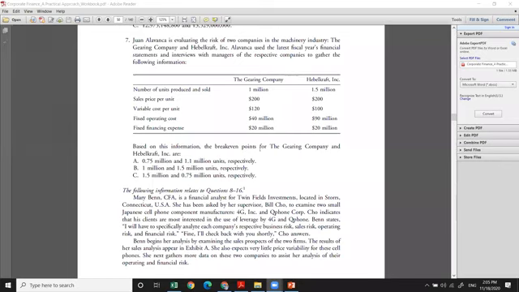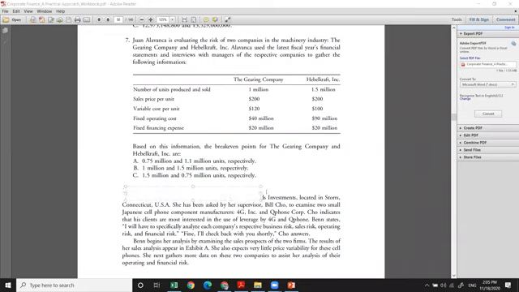Based on this information, we're asked to calculate the break-even points for the gearing company using the above formula: fixed cost plus interest cost, divided by price minus variable cost. So for each company, we need to calculate separately. It's just straightforward. You just put everything into the formula.